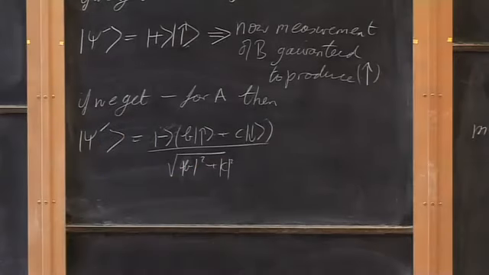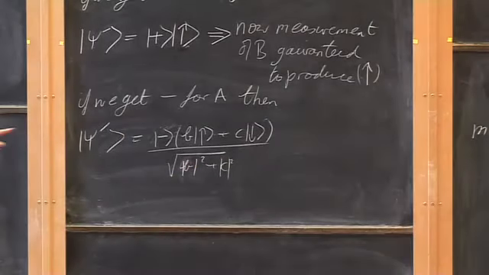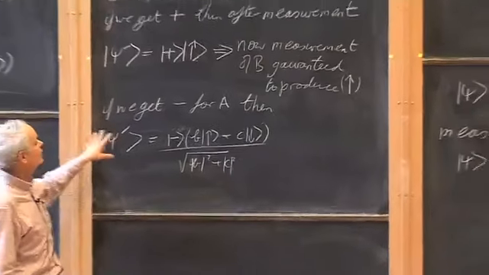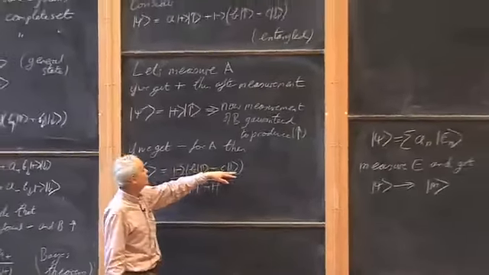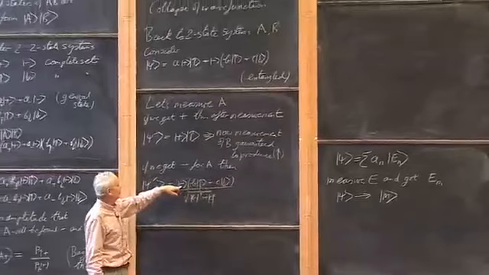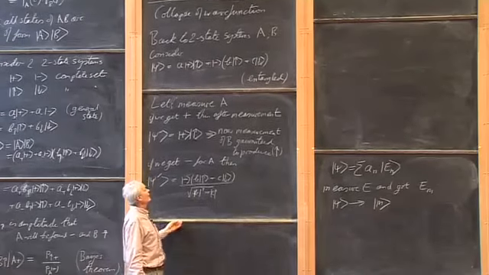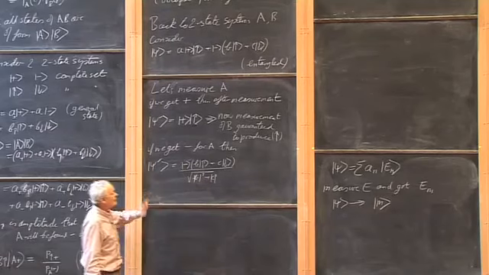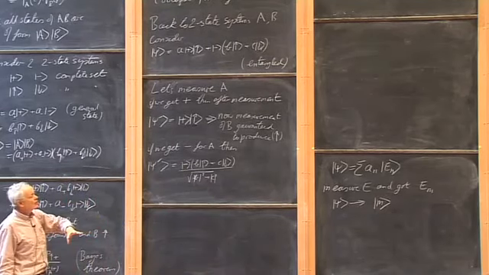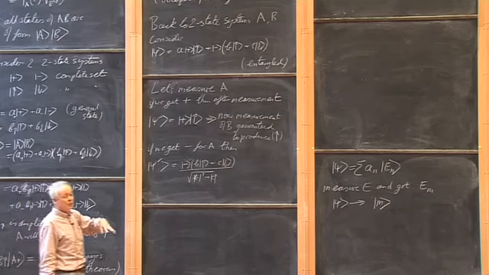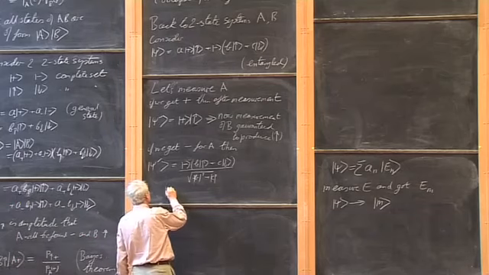So this is what the theory claims, that if you get the minus thing, then your new state is essentially the coefficient of minus and minus itself, all properly normalized. And now, if we get minus, there is uncertainty as to what the result of a measurement on B will be.